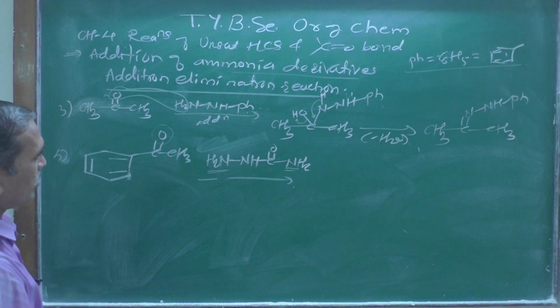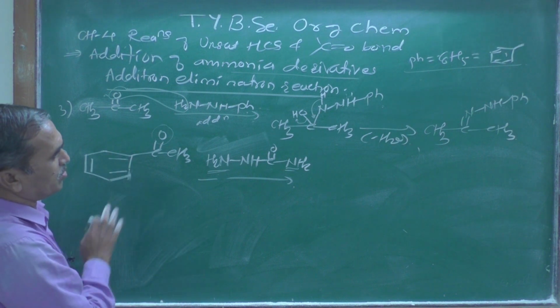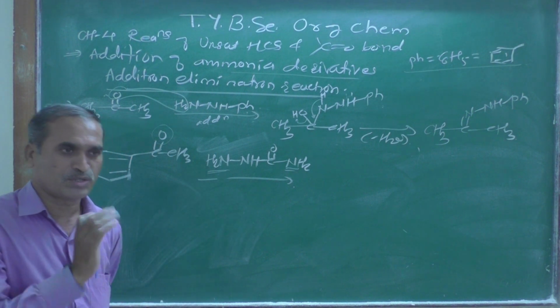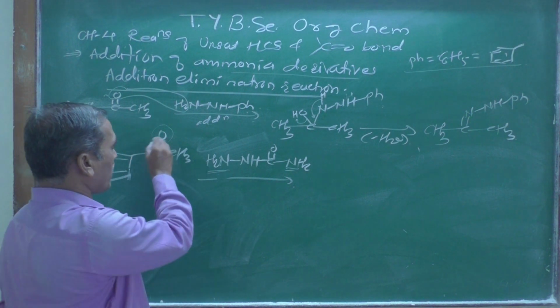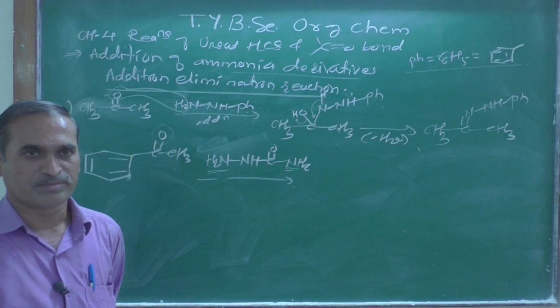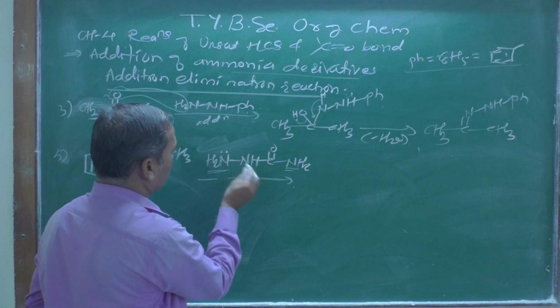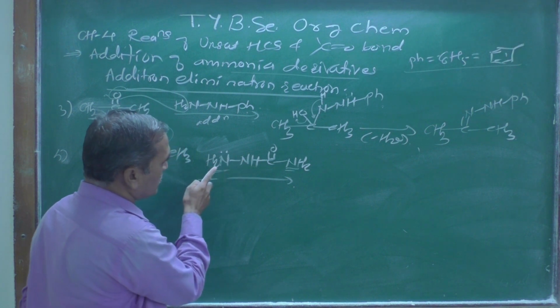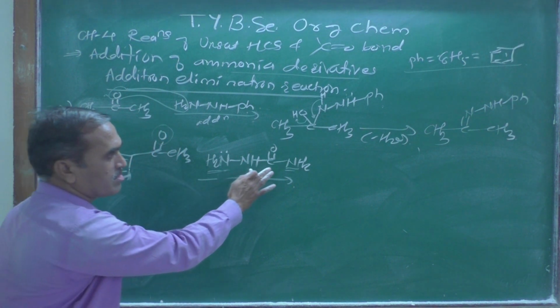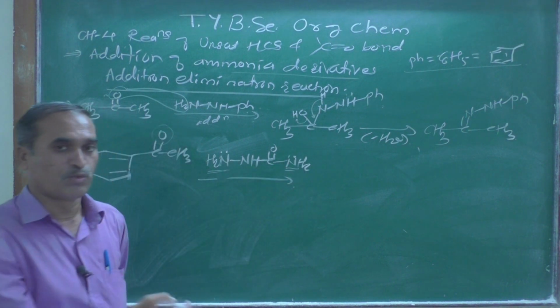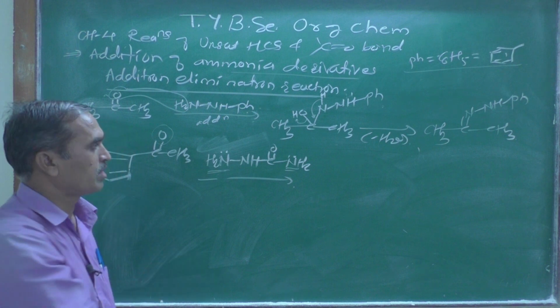That is one of the simplest tricks to remember while predicting a product. Now most of the students get confused here: which NH2 group is going to react with this carbonyl compound? What do you think? What is your opinion? Whether this NH2 which is far away from this carbonyl group, or the NH2 group which is nearer to the carbonyl group.